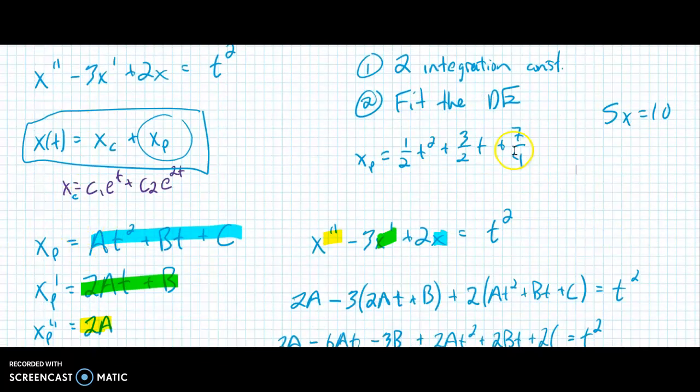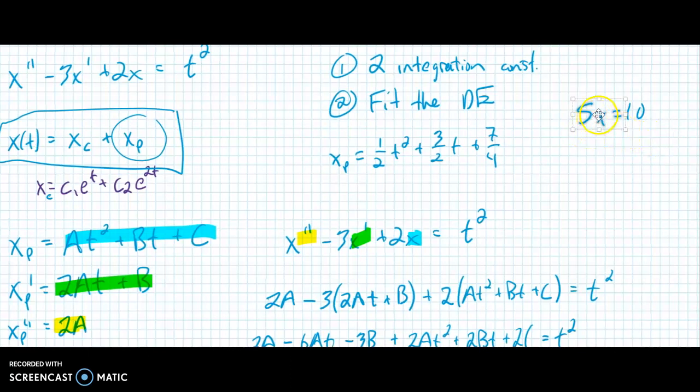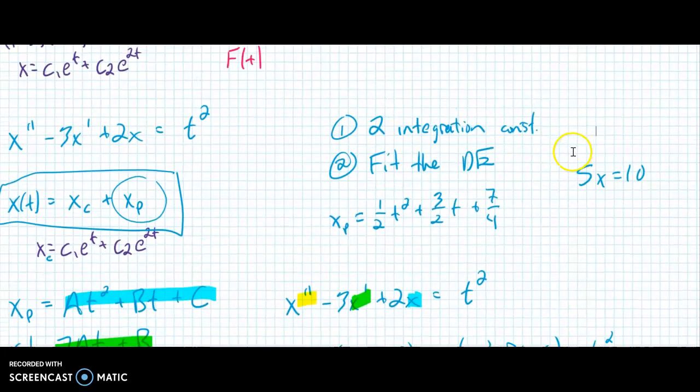And let's see, what do I want to say about this right here? So if I had 5x equals 10, I need something that plugs through this x that gives me 10. I think you should say that that's 2, right? But it fits the differential equation. The 2 fits this equation right here in that, on the left side, if I plug it in, it gives me 10 out.